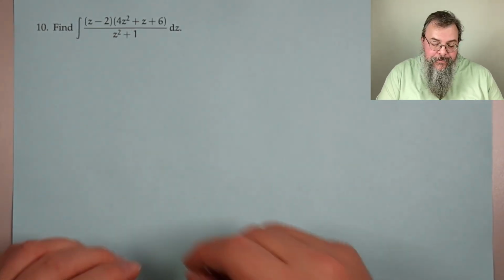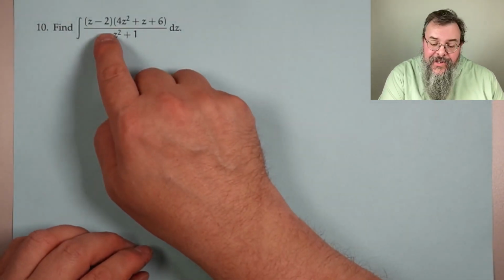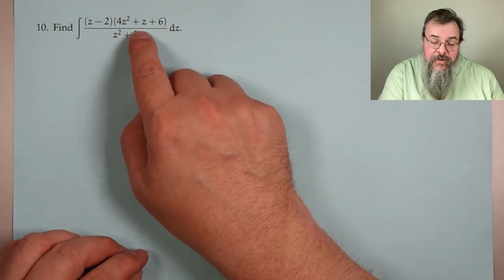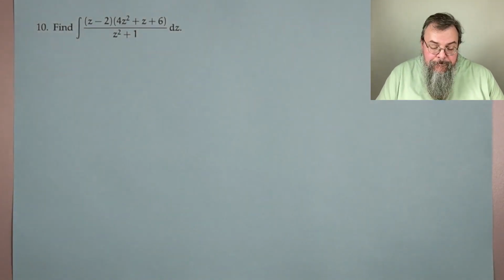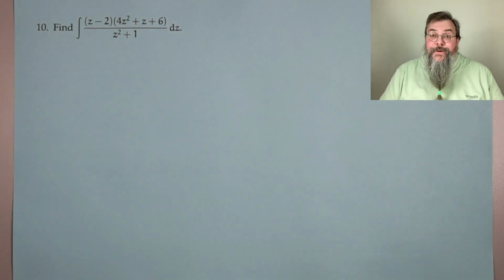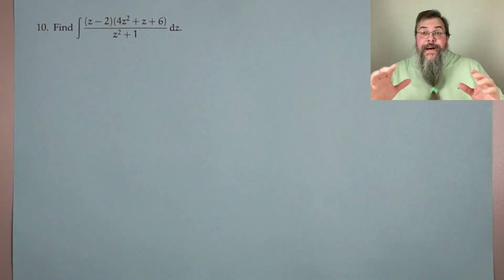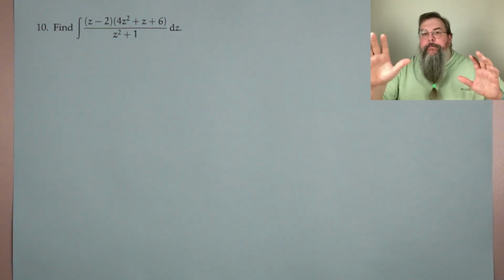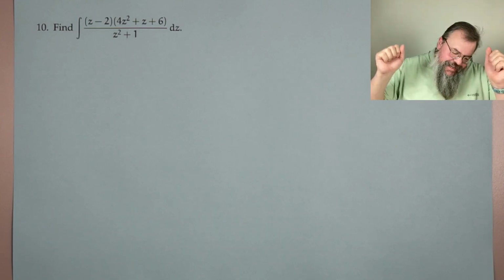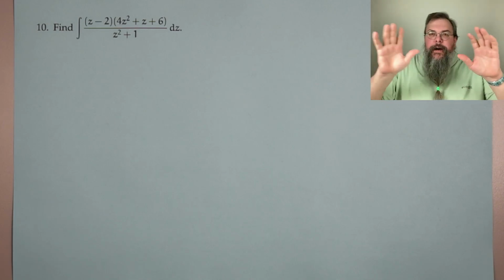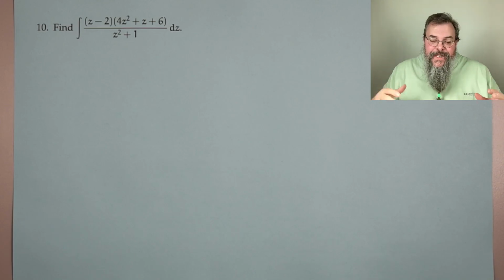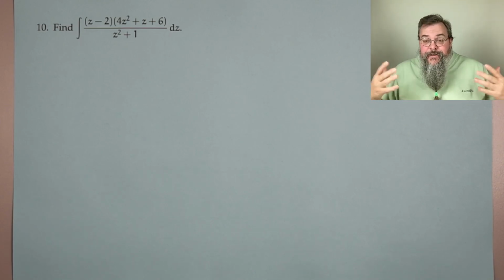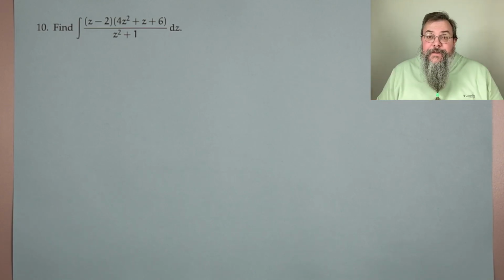Find the integral of (z minus 2) times (4z squared plus z plus 6) divided by (z squared plus 1) dz. Well, what are we going to do? We're going to do algebra. Simplify with algebra. All right. Oh yeah, it's an algebra problem. Okay, so the thing is, there's a lot we have to do.